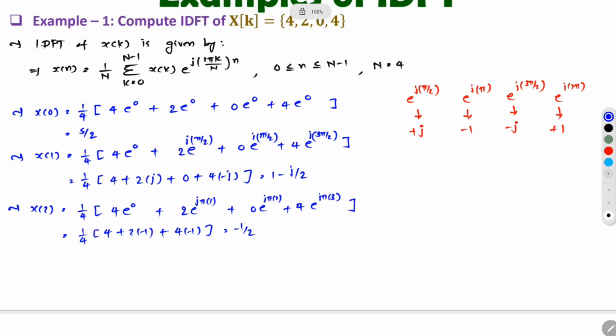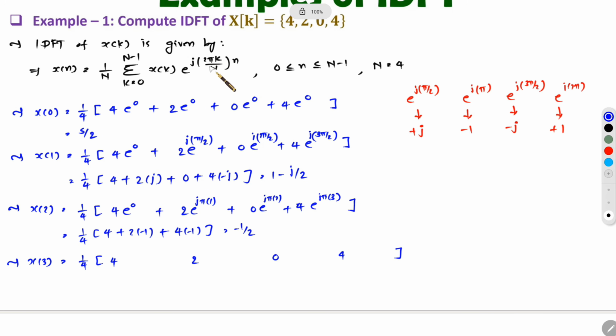Right. Similarly, let us identify x of 3. So here we have 1 by 4. Then write down this sequence, that is 4, 2, 0 and 4. Now here, if you observe with this equation, e to the power j 2 pi k by capital N into small n, where small n is 3 over here.